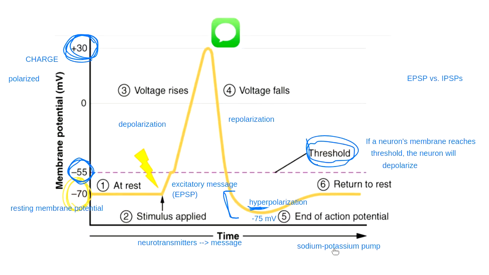I should have a bunch more sodiums outside compared to inside. Based on that, I will use my sodium-potassium pump to make sure ions end up where they're supposed to be. So the first thing that's going to help me get back to normal resting membrane potential is a sodium-potassium pump. But really the star of the show that's going to get me back to our resting membrane potential are my leakage channels.